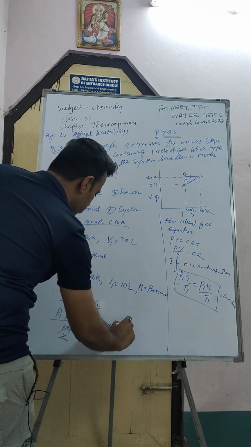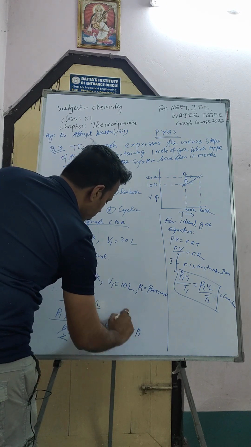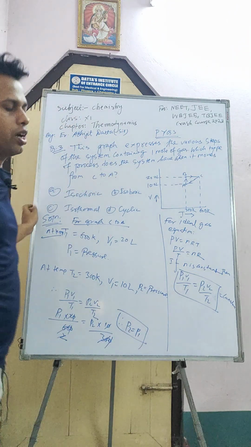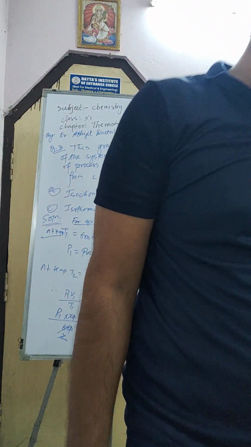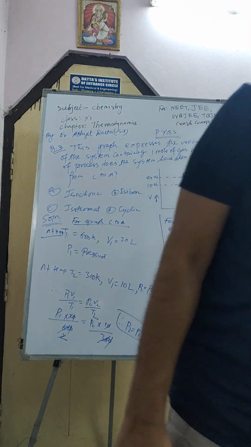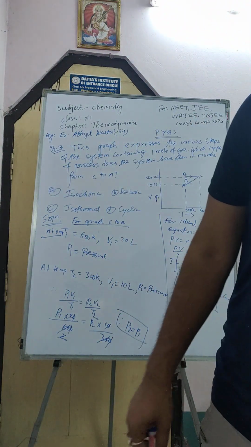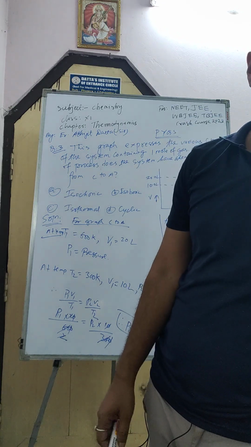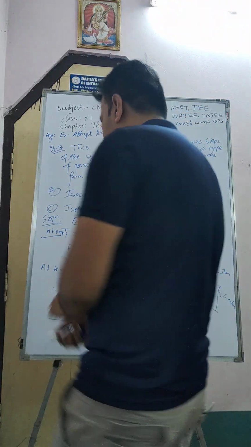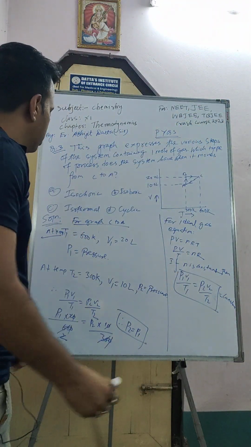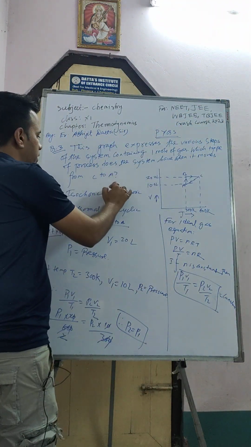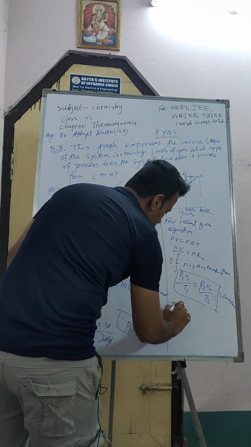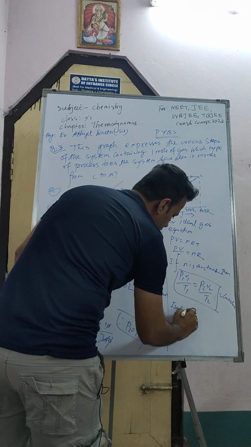So therefore P2 equal to P1. So which process is it? The name of the process is isobaric. In an isobaric process, the pressure remains constant. Okay, the name of the process is isobaric. That is, option B is correct.